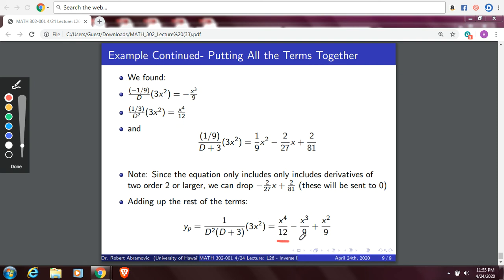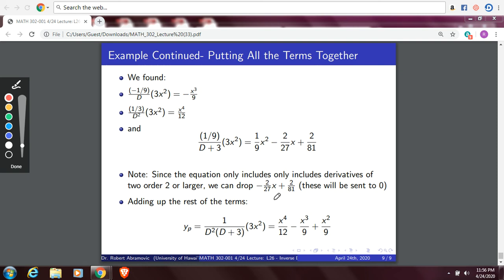You can indeed check that x to the 4th over 12 minus x cubed over 9 plus x squared over 9 is a particular solution of the differential equation y triple prime plus 3y double prime is equal to 3x squared.